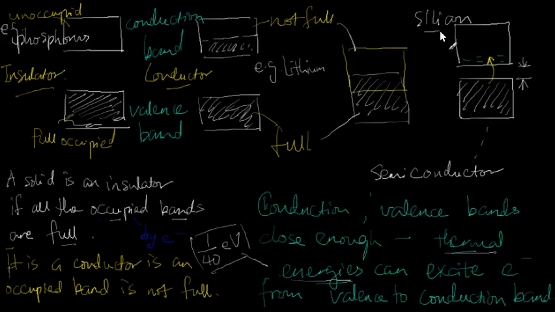You've probably all heard about silicon these days. Let me spell it out properly. Silicon, or Si is the symbol. It's used in all our computer chips. So let's see how we can make it more conducting.